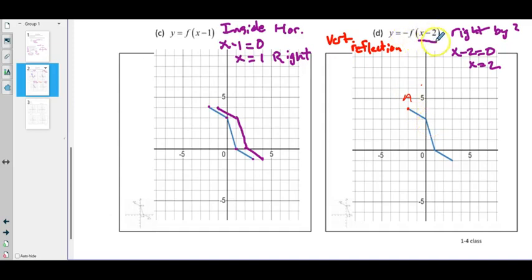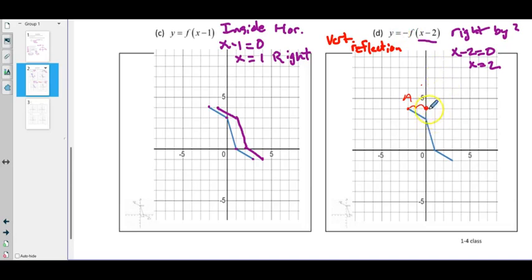Anytime you have multiple movements, multiple translations, you need to consider order of operations. The first thing that order of operations would tell me to do is inside the parentheses. So I actually need to move to the right first. So I'm going to move to the right by 1, 2. Now we are at this point. I need to consider the next operation, which in our case would be this reflection, the multiplying by -1.